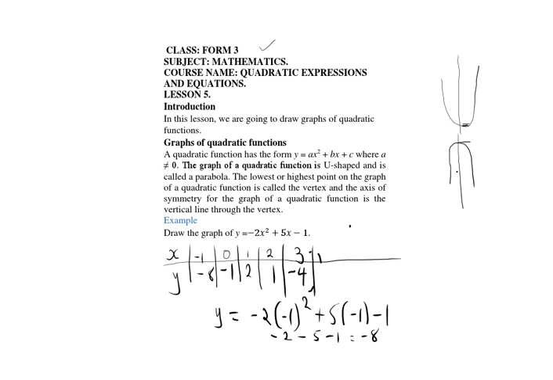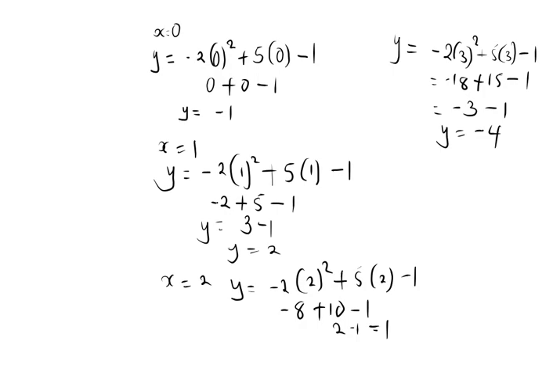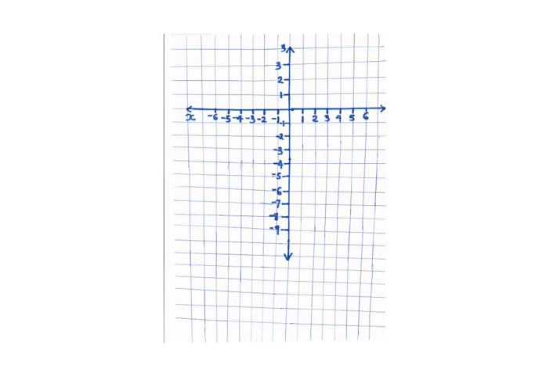Now with the table of values, we can plot that graph on the grid which is provided there. So we can have the table of values here. We have x and y. We start with x being negative 1 when the value of y is negative 8.